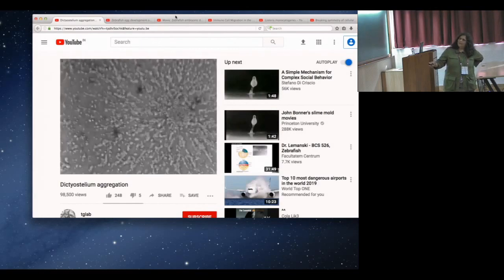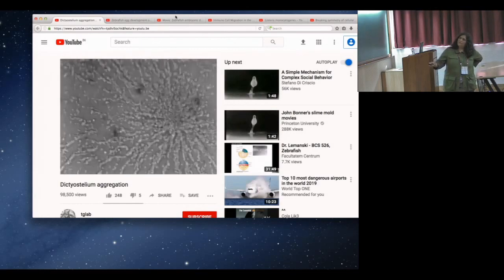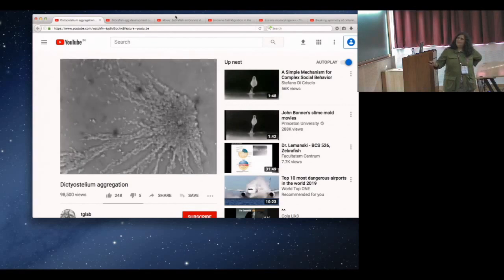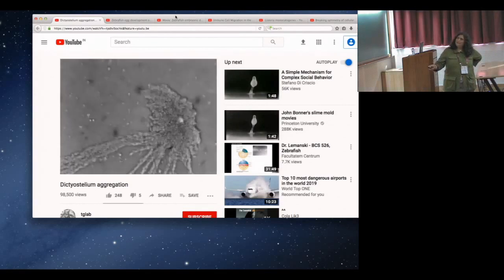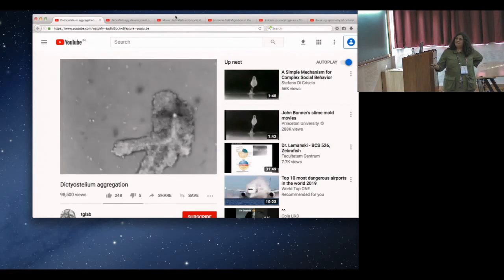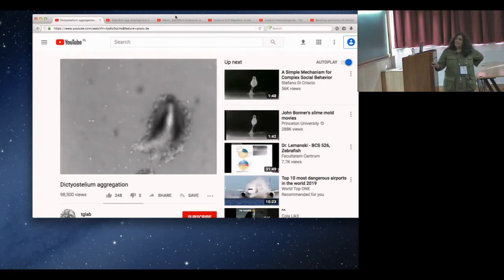Makes a little aggregate. And then once you have a small aggregate, you have streams of cells that actually join that aggregate to form a much larger structure. But this structure actually confines itself as if someone built boundaries around it. And then it actually begins to move about like a snail, right?